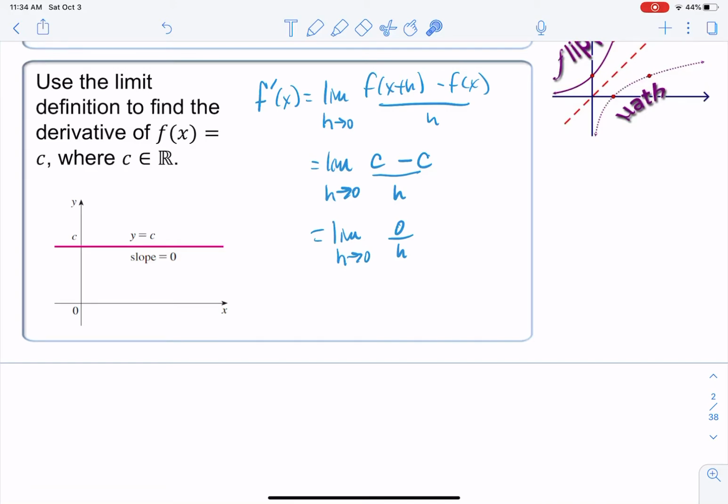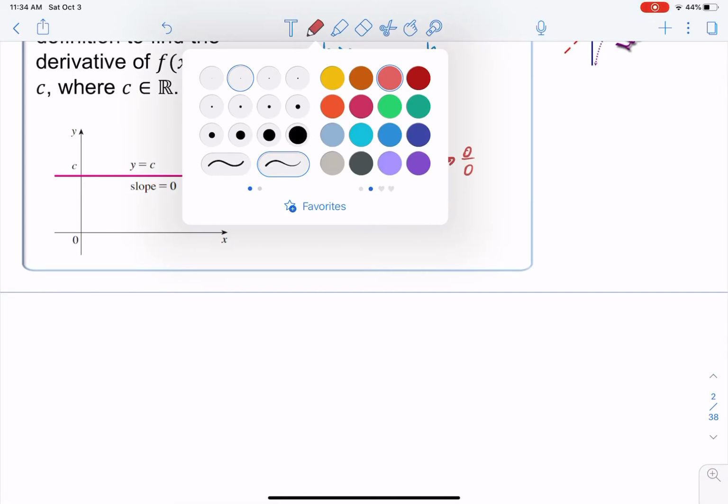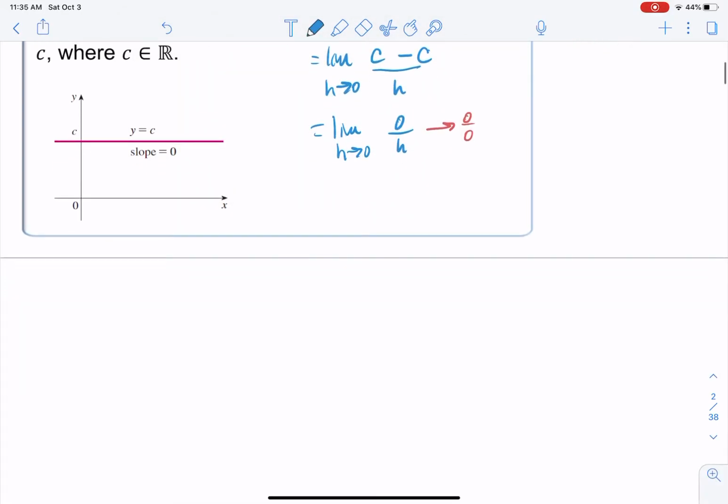All right, well, there's one way to think of it. Another person might look at this and go, you know, if I were to plug in 0 like I'm supposed to, I get the indeterminate form 0 over 0. You know what I mean? Right there, that 0 over 0, and then I have to fix this. Well, you don't have anything to factor or rationalize or anything like that, so maybe we break this up into its left and right side. Just be terribly thorough with this.